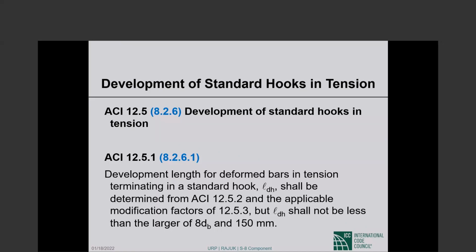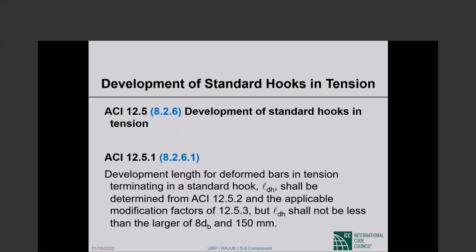So we call this L sub DH. So, L sub D is the required development length of deformed bar in tension. L sub DC, required development length of deformed bar in compression. L sub DH, required development of hooked bar in tension, and there will be after this L sub DT, that is something relatively new, that is the required development length of headed bar in tension. Okay, hooked bar and then headed bar.